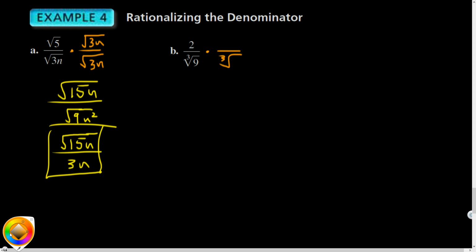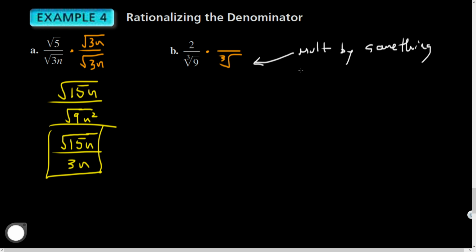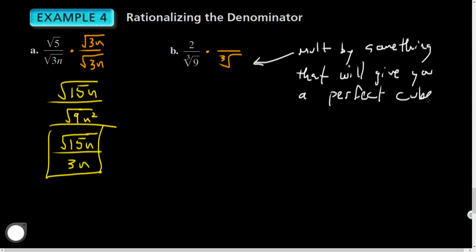Actually, let's write this down. This is worth doing. Multiply by something that will give you a perfect cube. And so 9 times what would give me a perfect cube?